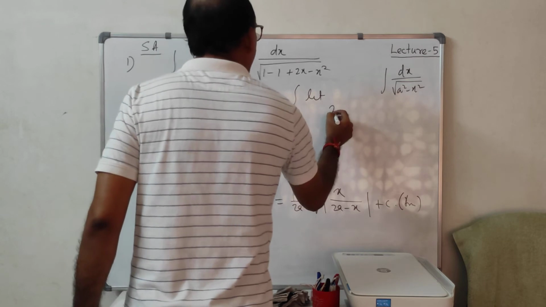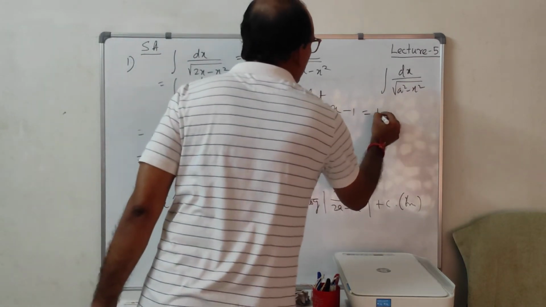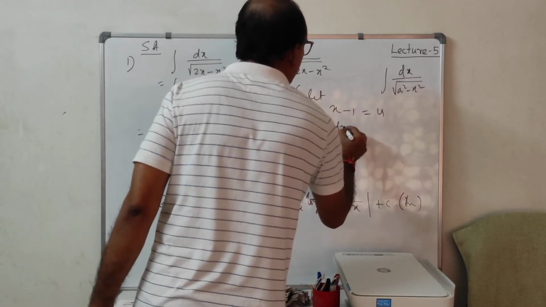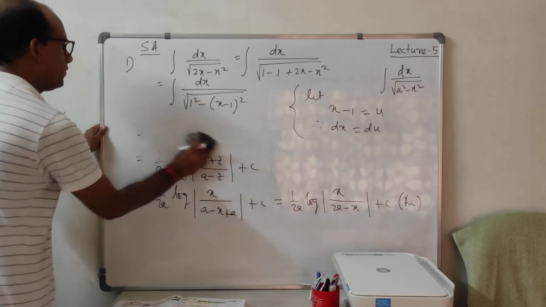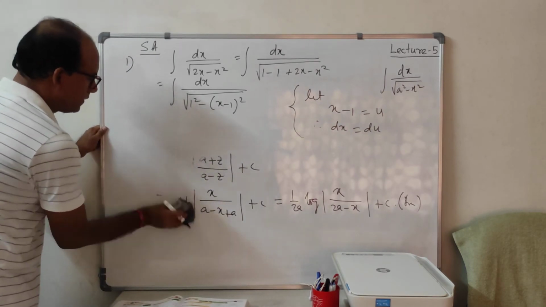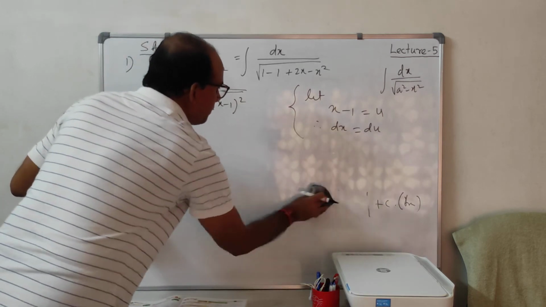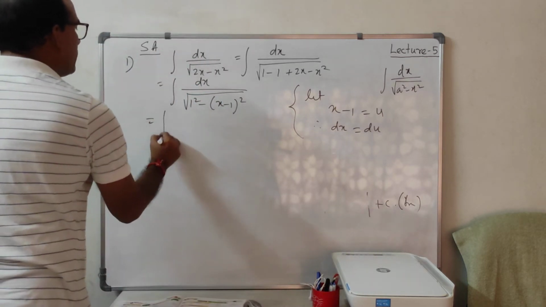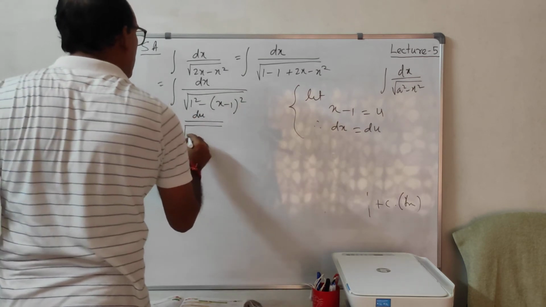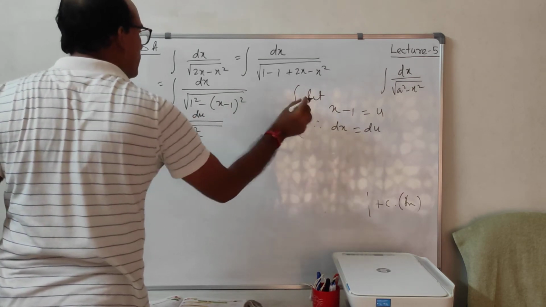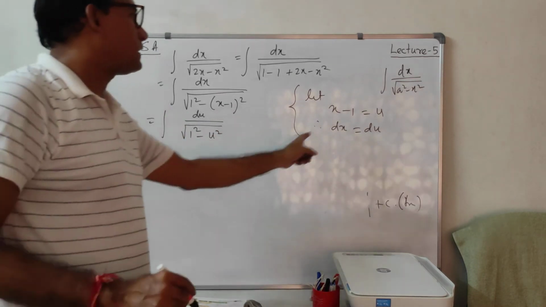Let us put x minus 1 equals to u. Then take differentials on both sides. dx equals to du. So what happens then? The integral becomes du divided by root over of 1 square minus u square. It is just in this form.